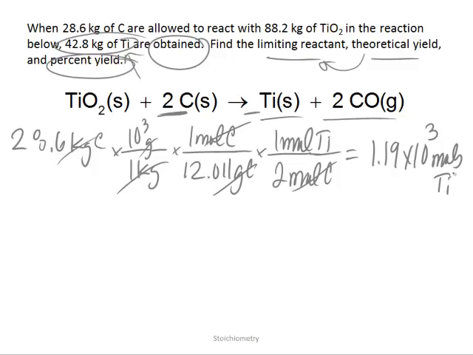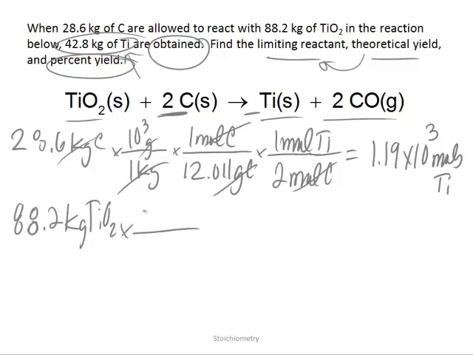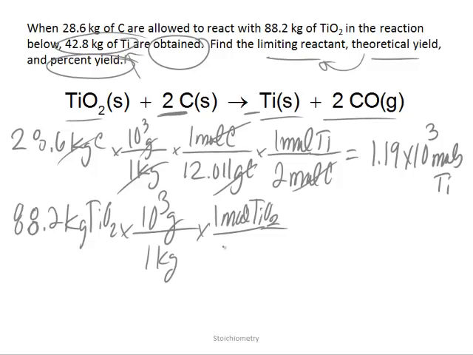Okay, we're going to need to do that same calculation, but with our other reactant, TiO2, titanium dioxide. This time we're going to start with 88.2 kilograms of TiO2. Again, we're going to convert that to grams, so 10^3 grams in 1 kilogram. We need to calculate the molar mass of TiO2. If you do that, you'll find that in 1 mole of TiO2, you've got 79.88 grams of TiO2.